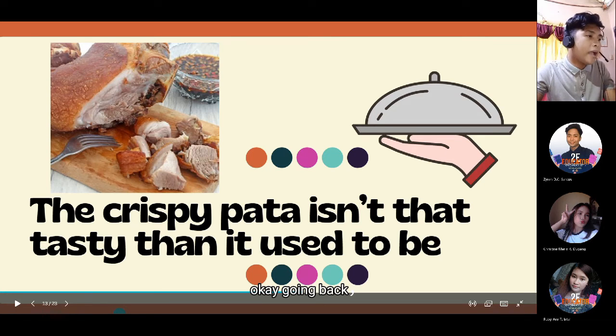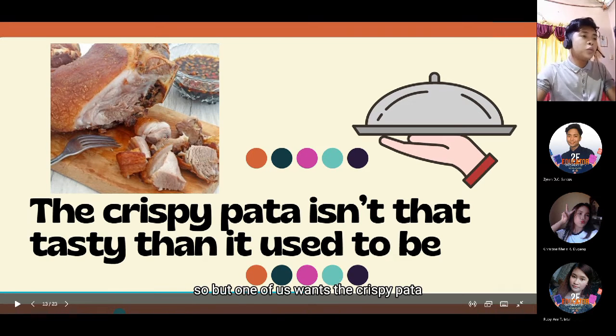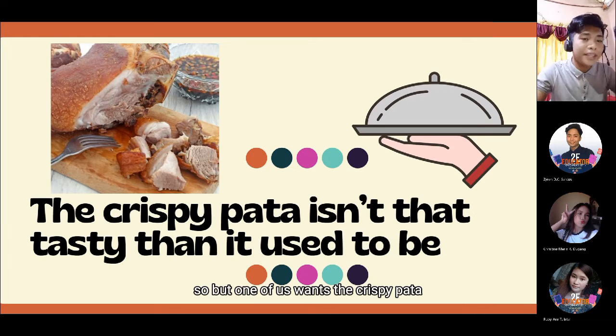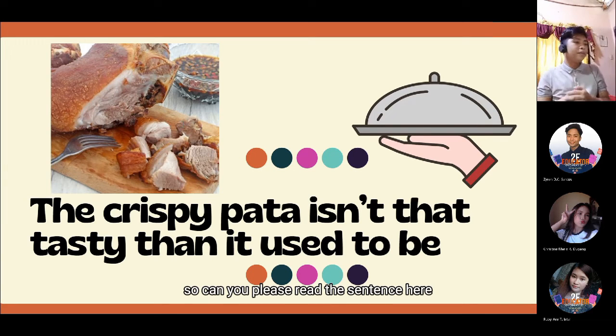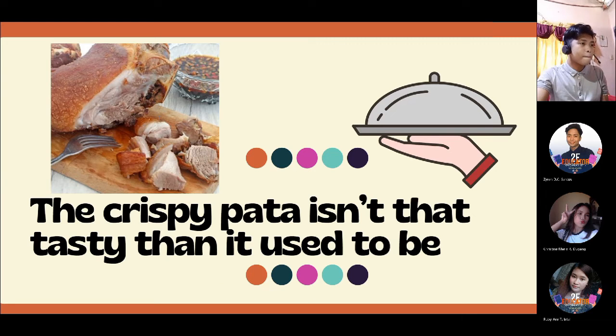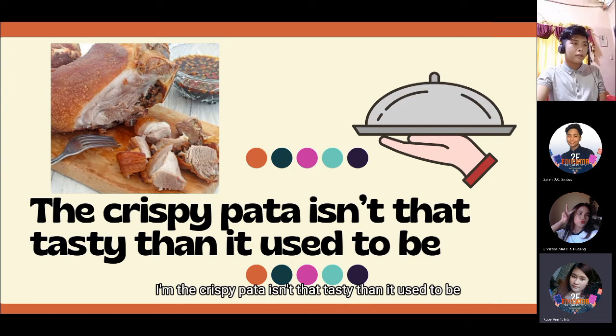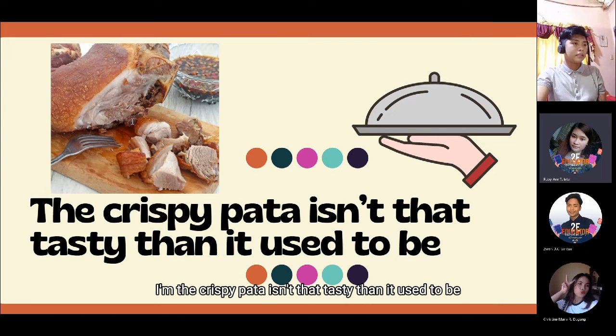Okay, going back. One of us wants the crispy pata as the meal of the day, but she noticed something. Can you please read the sentence here, Miss Ruby Intal? The crispy pata isn't that tasty than it used to be.